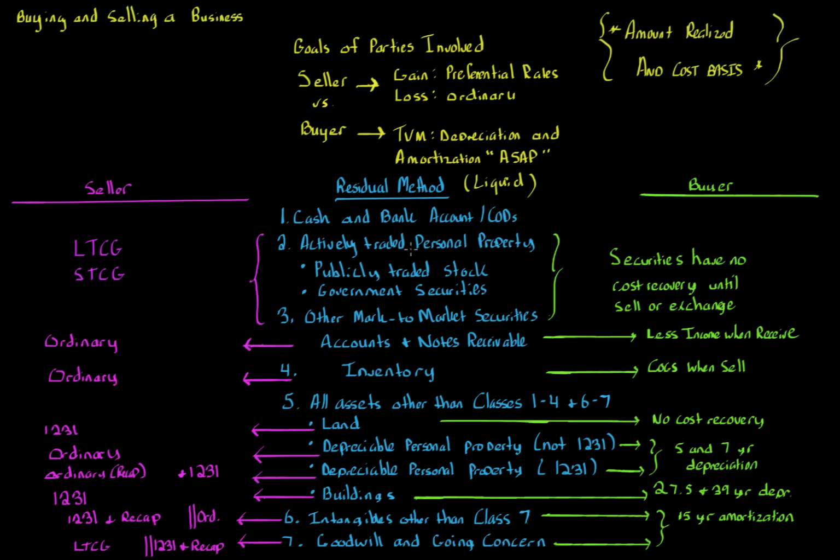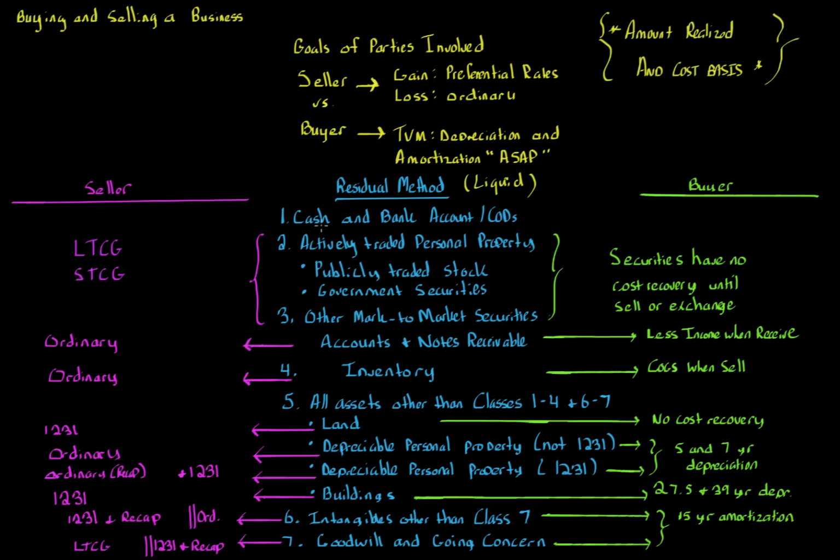We go in the order starting with cash, which is class 1, and then we go down until we fill the values. So it's possible that the last class, which is class 7, goodwill and going concern, likely won't get the value because, again, there's not enough of the purchase price to fill all the fair market values. So the order, again, is based upon liquidity.